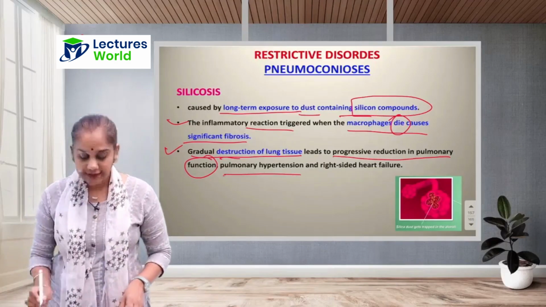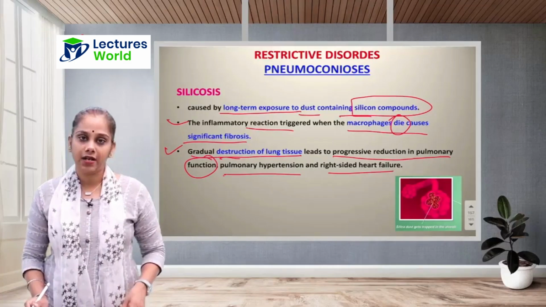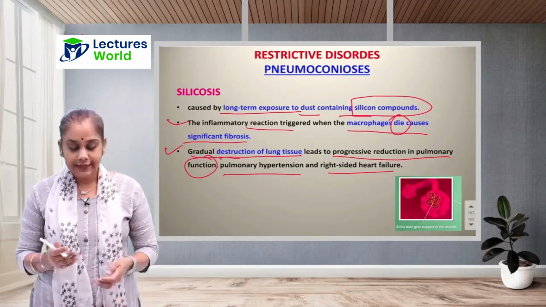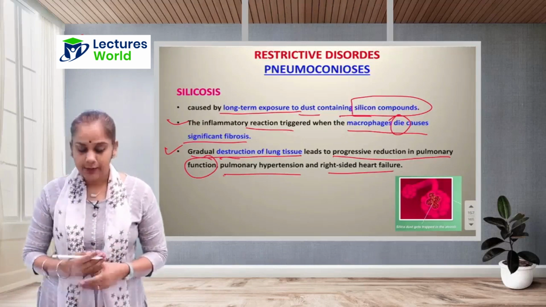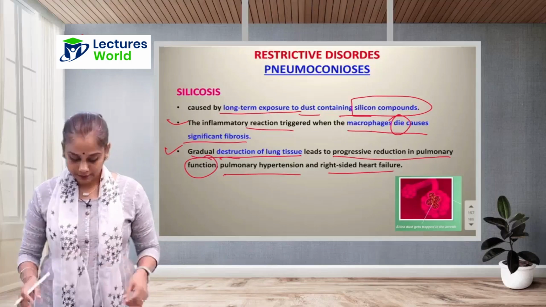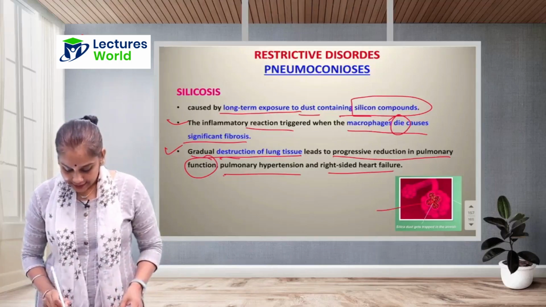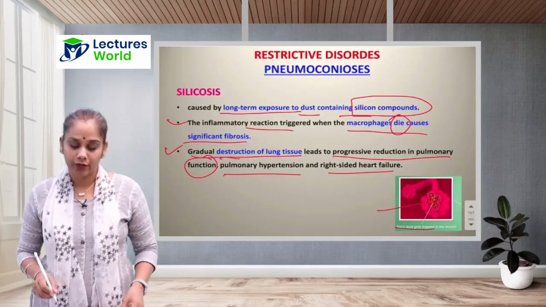Pulmonary hypertension will be there and right-sided heart failure can occur because of silicosis. So what is silicosis? It is long-term exposure to dust which contains more silicon. You can see in the figure, this is the silica dust that can be deposited in the alveoli.